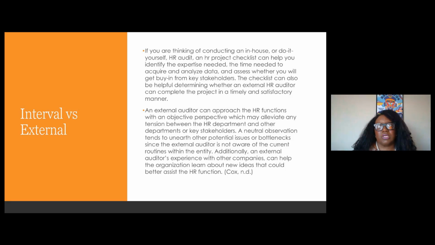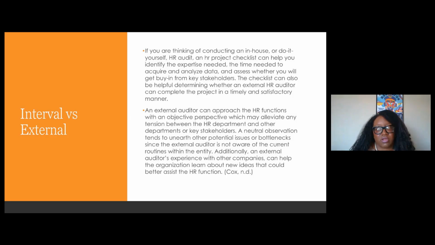You do need someone who understands the project. You don't necessarily have to be an HR expert. You have to be able to build the capacity to think appropriately about HR, and you can build that during the project. And then you have to be able to analyze data and assess whether you will get buy-in from key stakeholders.